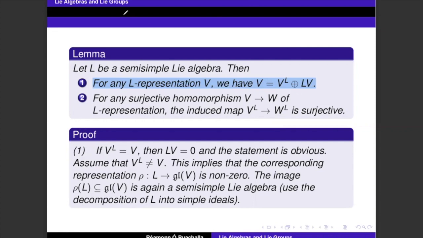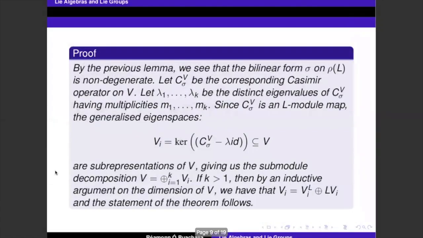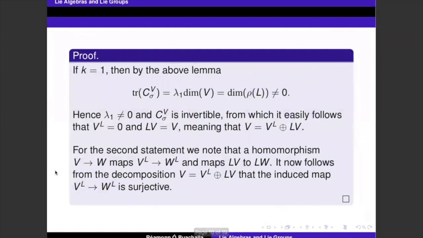And I said that once we had this, the second part would be easy: that it's going to bring V sub L to W sub L for any surjective Lie module homomorphism. Is that the case? Well, for the second statement, we just note that a Lie algebra homomorphism from V to W must map V sub L to W sub L.